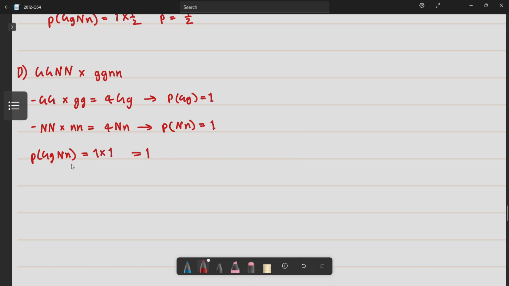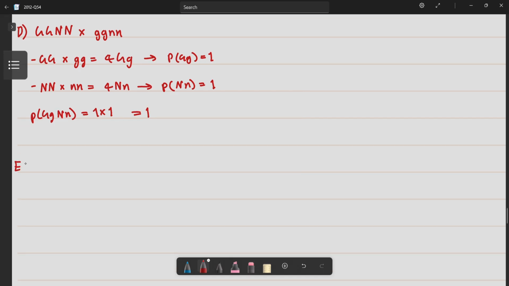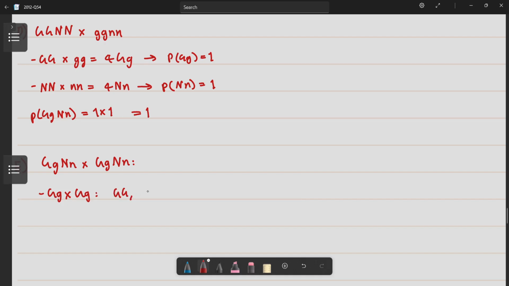So this is 100%. Now for option E that we explained before, this is the most common heterozygous dihybrid crossbreed. If we crossbreed each individual gene, it will have one homozygous dominant, two heterozygous dominant, and just one recessive, so the probability is just 50%.